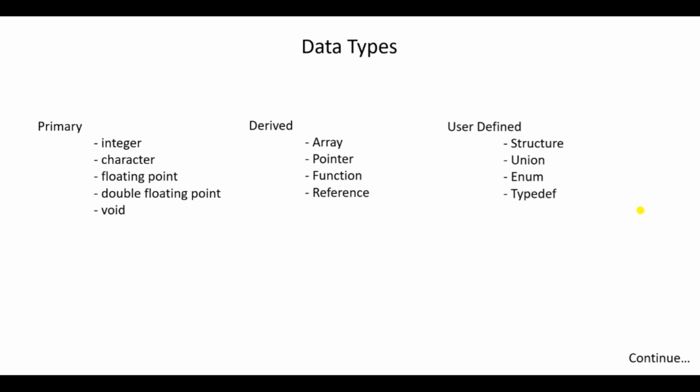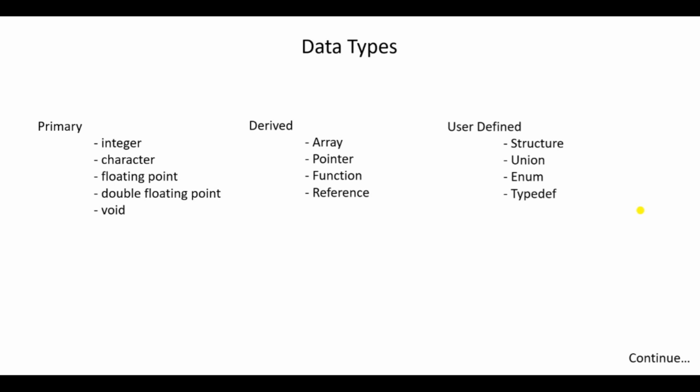Whereas in a union, at a time only one variable can hold the value, and the maximum size of the union will be defined by the largest member element of the union.